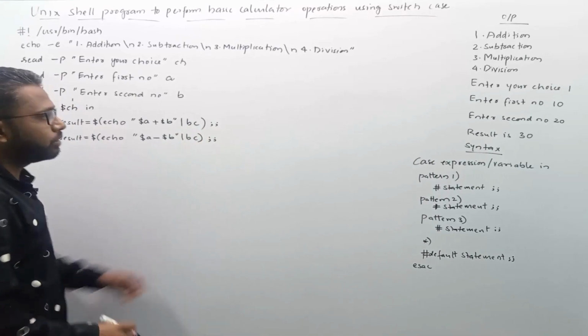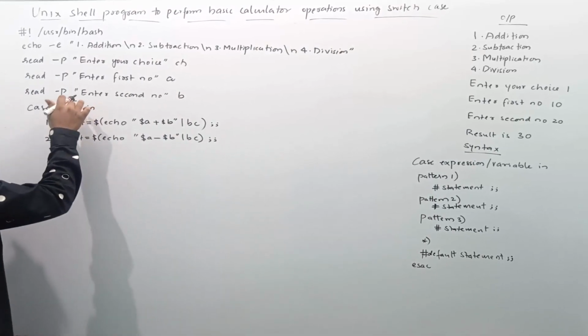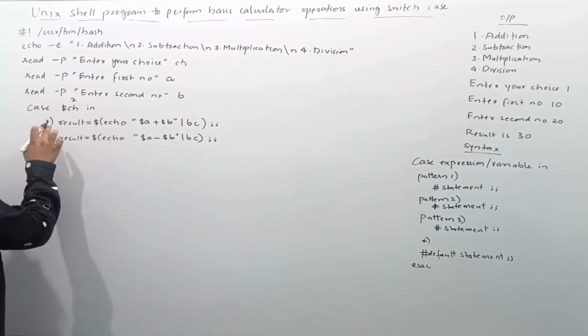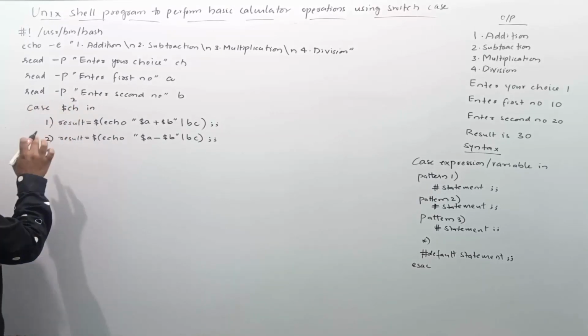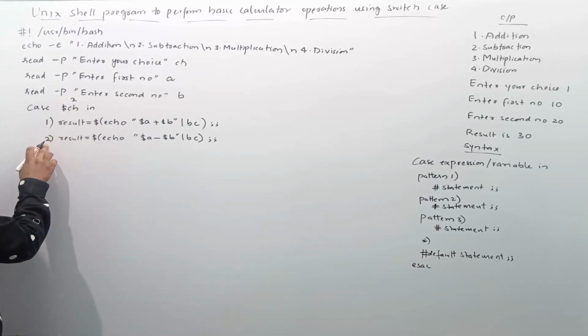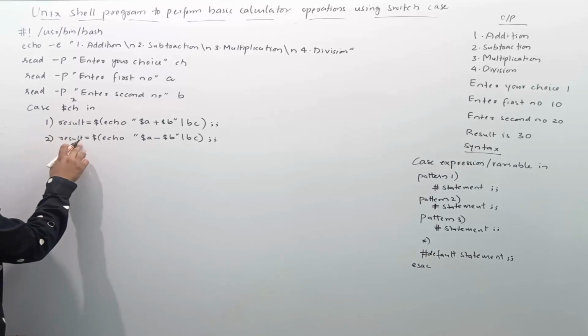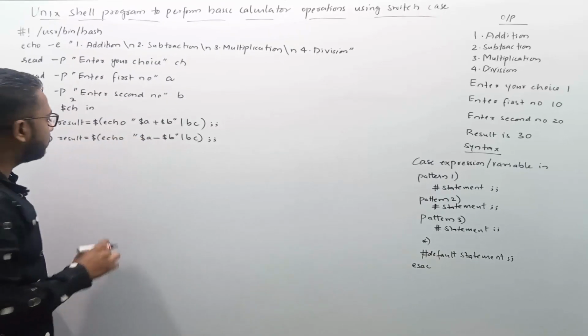What if the user enters 2? Then 2 gets stored inside ch, and this 2 gets compared with pattern 1. This didn't match. Then control will come to pattern 2 where this 2 gets compared with this pattern 2. That's why control will come here to perform subtraction and the result gets stored inside the result variable.